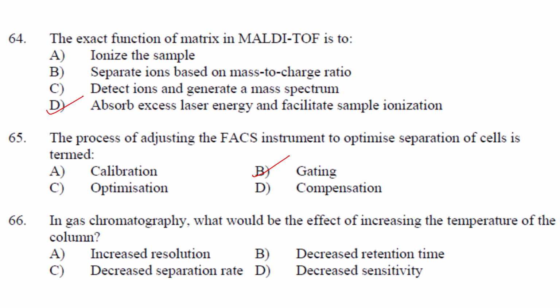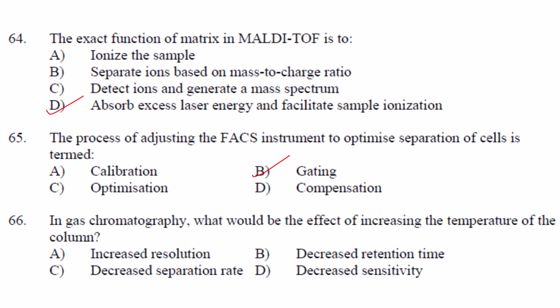Then there is sorting optimization, that is by adjusting the detector voltage so that you can have better resolution, and then there is a data analysis optimization. Okay, then what is calibration? Calibration is adjusting the instrument to produce accurate and reliable measurements. That is calibration.